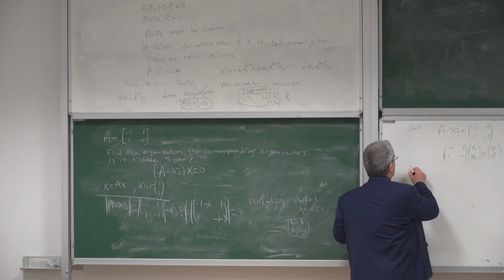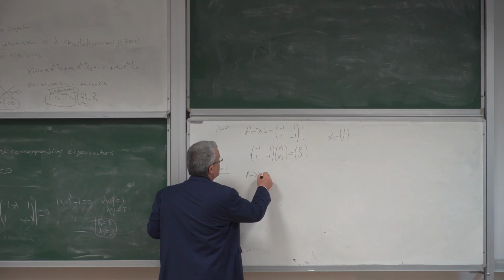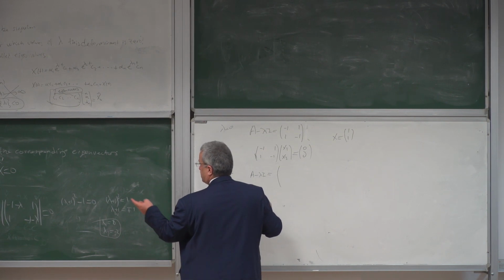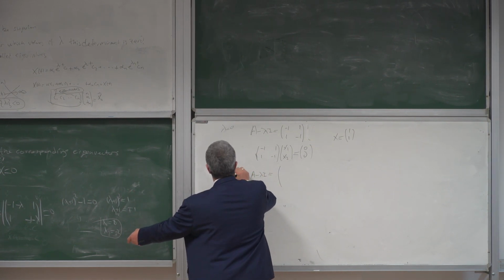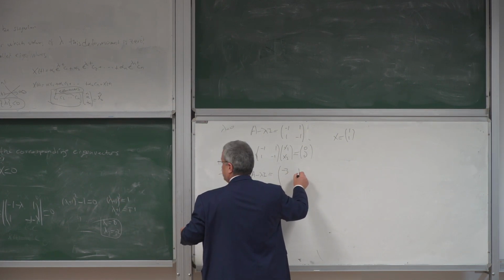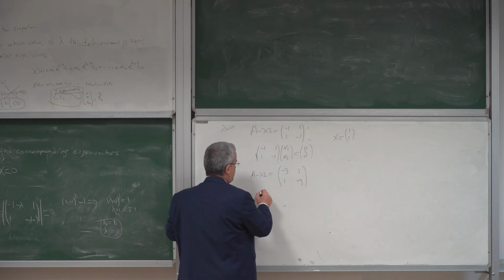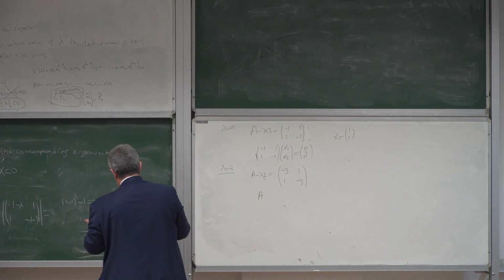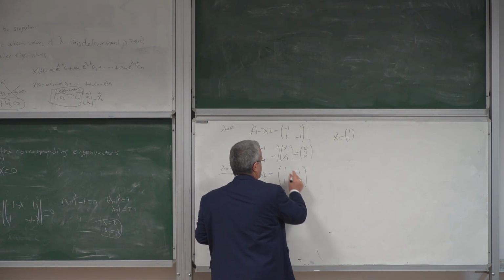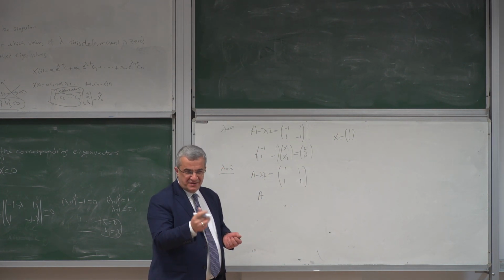So for lambda equal to minus 2, A minus lambda I is equal to 1, 1, 1, 1. Oh, of course, it is 1, yes. Very good. You should correct me. One can always make errors, okay?